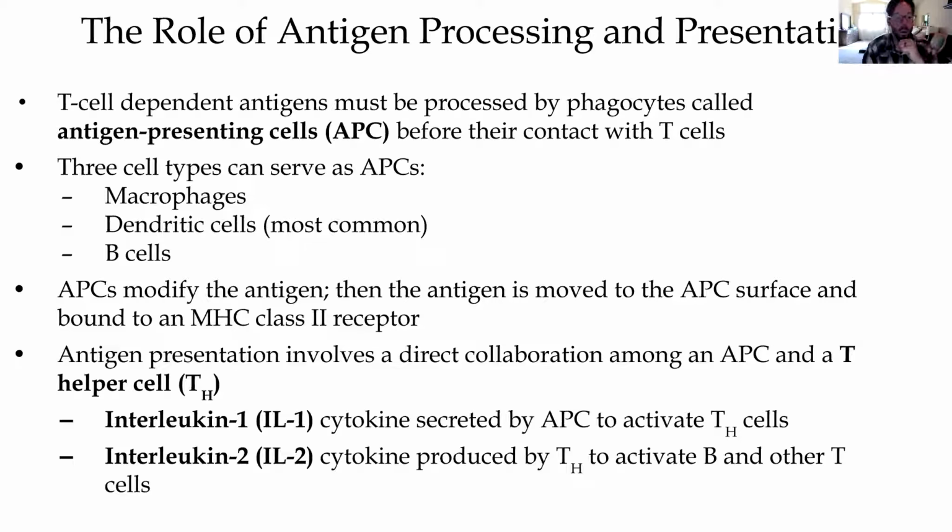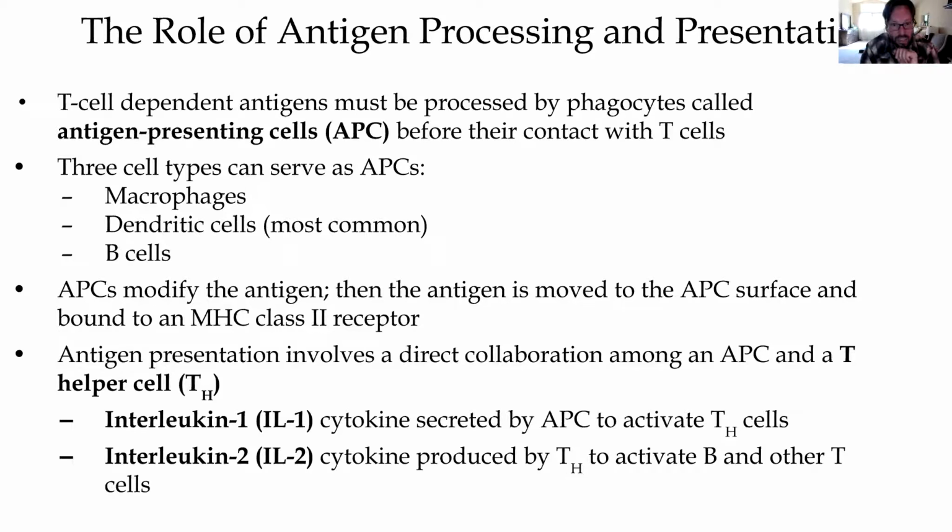All right, I'm gonna release IL-1, and now the T helper cell is hanging out, kind of bored, wishing it had something to do. And it gets a whiff of the IL-1, and so it follows it, chemotaxis, and says, ah, okay, thank you, macrophage, you have something for me to do.